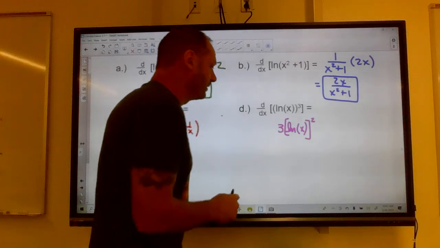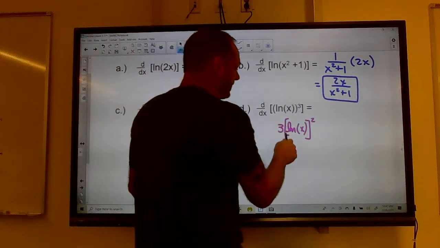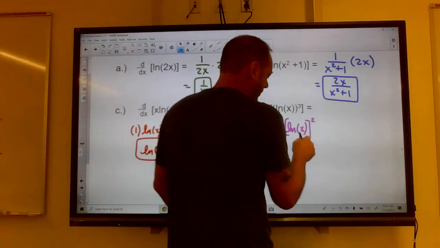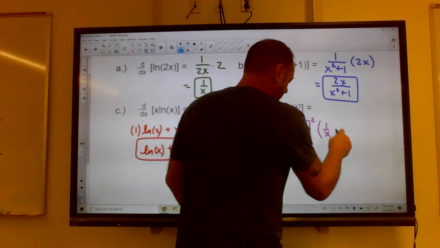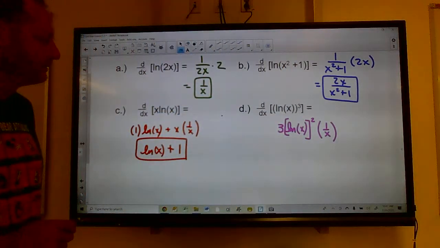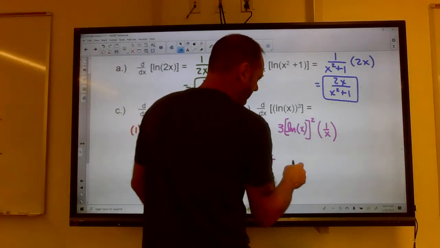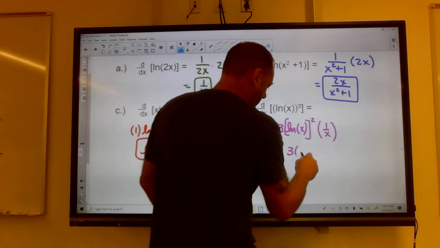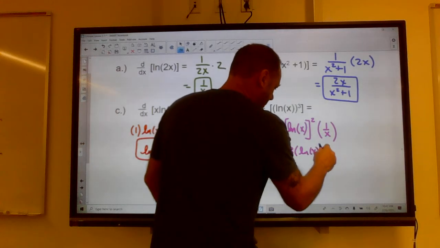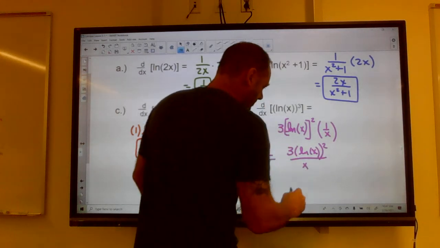We drop the power one. Times the derivative of the inside, because it's the chain rule, so that's going to be times 1 over x. And then we can clean that up and make it 3 natural log of x squared over x.